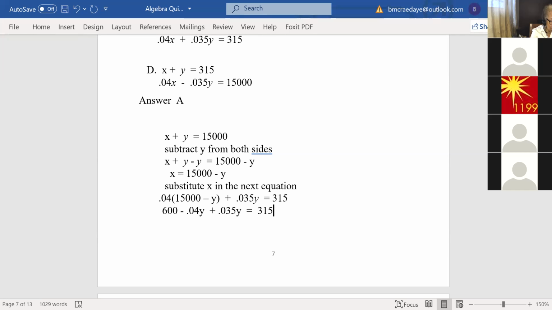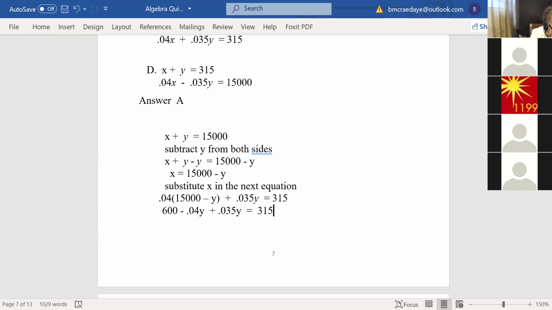You have some y's there you have to combine, correct? Yes, you've got to add those: negative 0.04y plus 0.035y. What is that equal to?